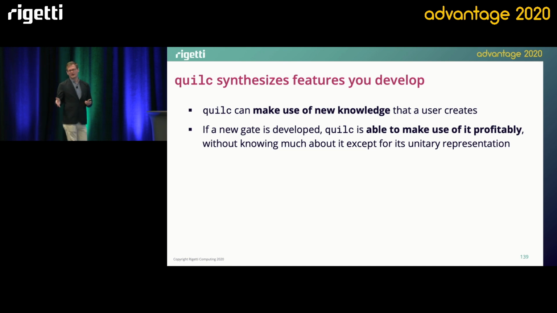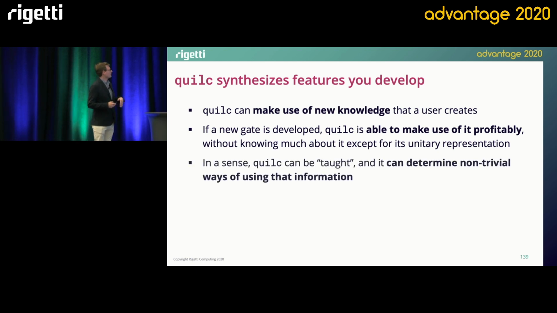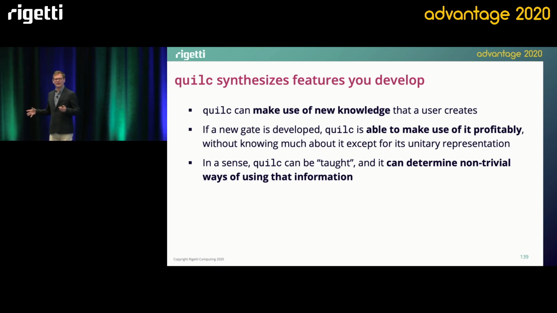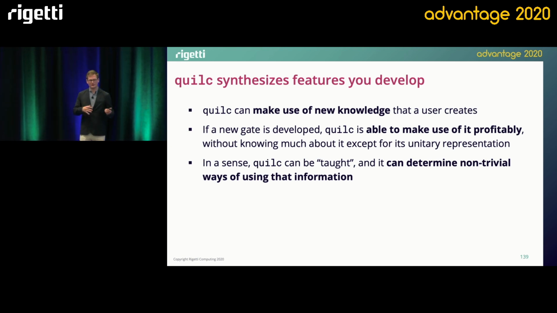Maybe that was for the XY gate. You found that right angle and it's great and it works and it's super high fidelity and so on. If you tell Quilc about this, it's able to incorporate this into its working knowledge. Quilc is a vast repository of not just mathematical compilers, but information about how gates decompose into other gates, how they're allocated, and so on.